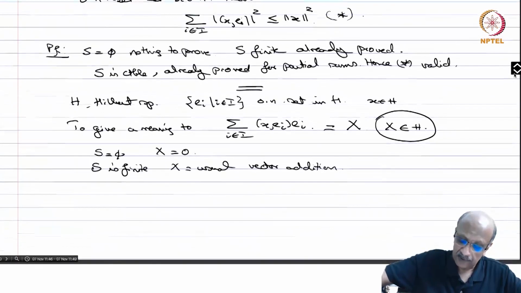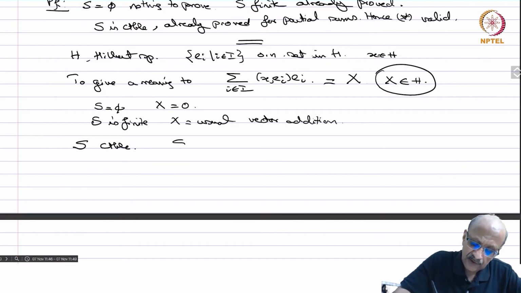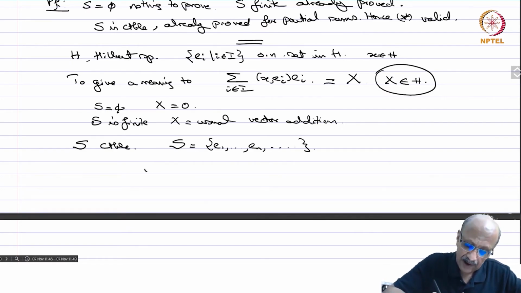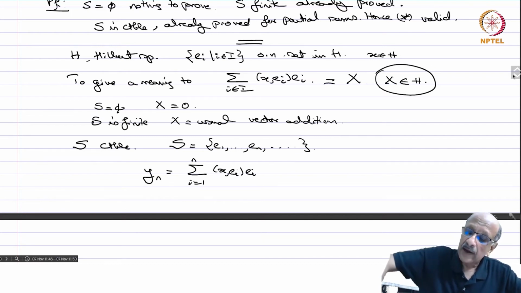So the third possibility is when S is countable. So let us write S equals e_1, ..., e_n and so on. Okay, and then let us take y_n equal to the sum from i equals 1 to n of <x, e_i> e_i, which is well defined, no problem.